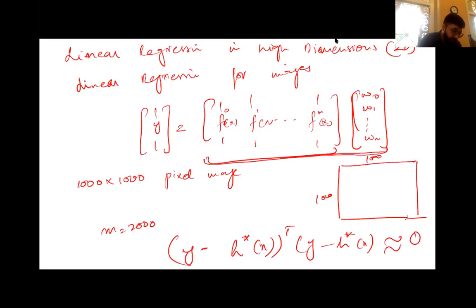Then I don't need these 1000 by 1000 pixels to store the image. I can just store these 2000 weights, and then whenever I need the image, I can generate these bases and use these 2000 weights to produce the image. Does it make sense to everyone?